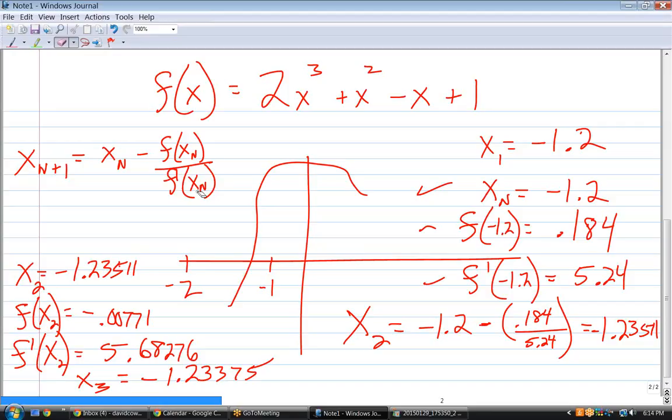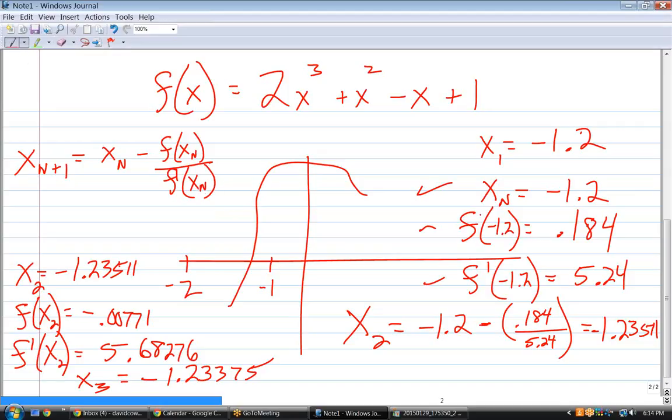If that is ever equal to 0, you've got problems. Okay. Because you can't divide by 0. And if you were to divide by 0, this whole thing is going to be infinity, and then you really got problems. So it does not work if the first derivative is ever equal to 0.